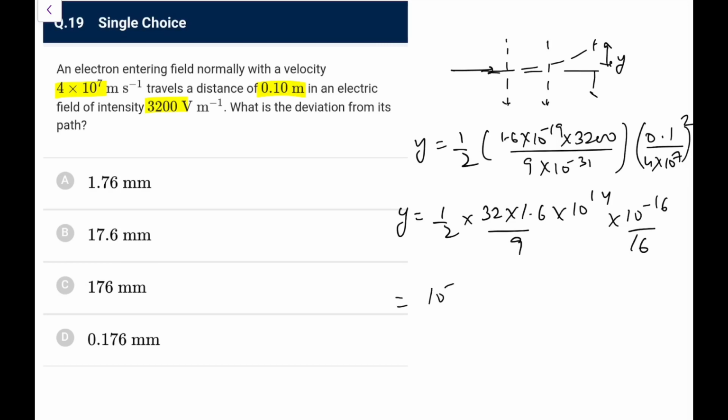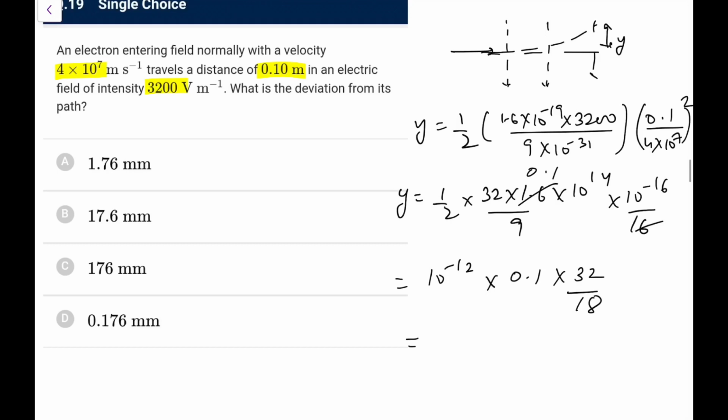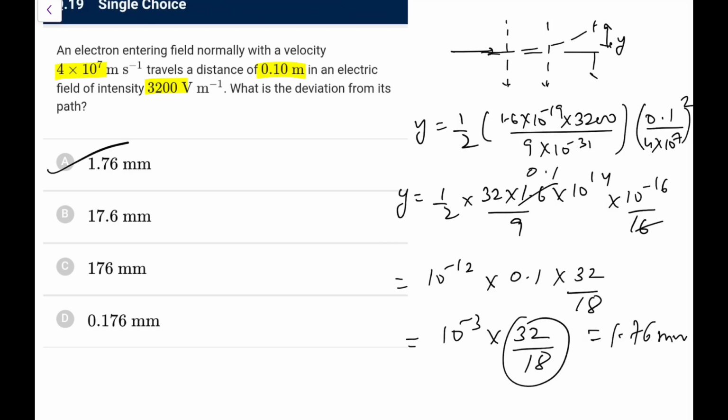So it is 10 to the power minus 2, this becomes 0.1, this is 0.1, and into 32 by 18 we will get. So what we are left with is 10 to the power minus 3 into 32 by 18. So it would be 1.76, that would be the answer in mm. I can go for option A here. So you can write it as 1.76 millimeters.